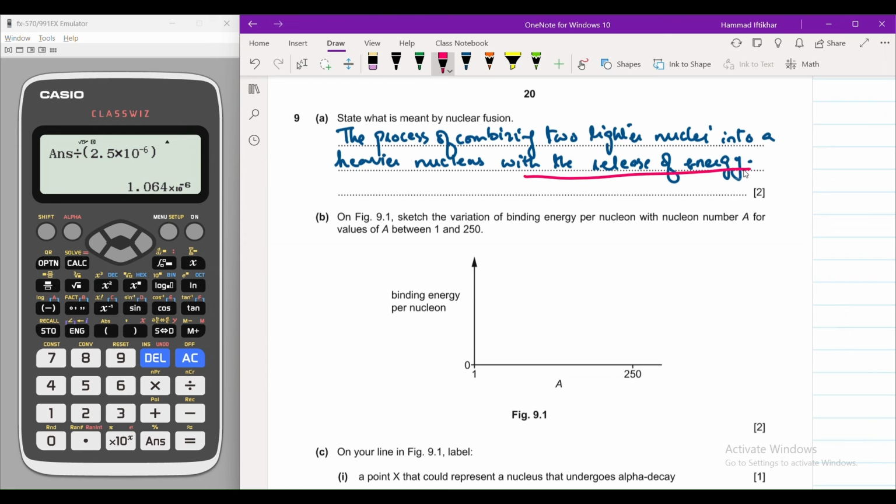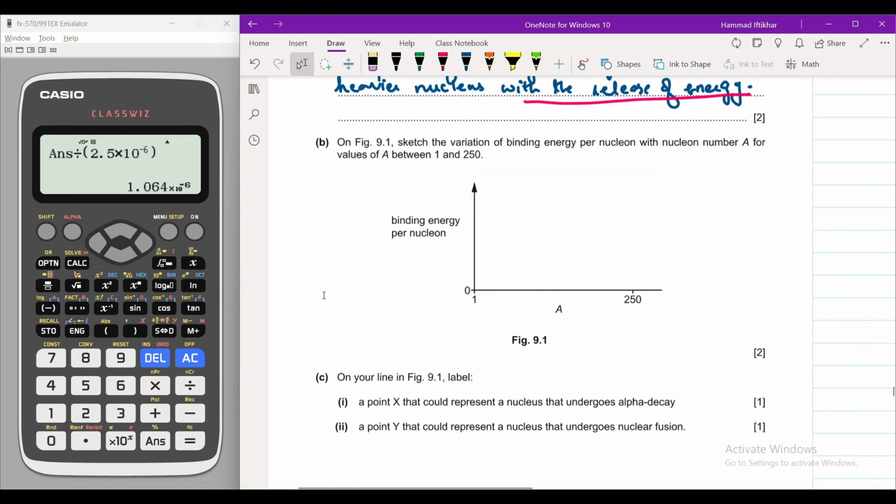Now, this part is very important to write. Never forget that.